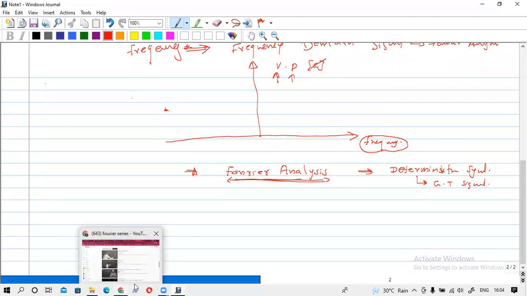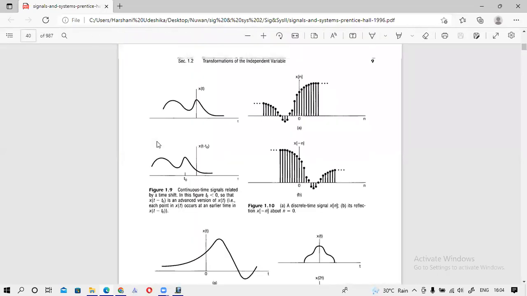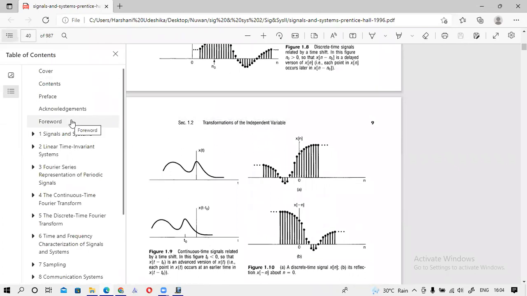I can't remember his complete name. If you want to know more details about the history of Fourier analysis, you can refer to our textbook.